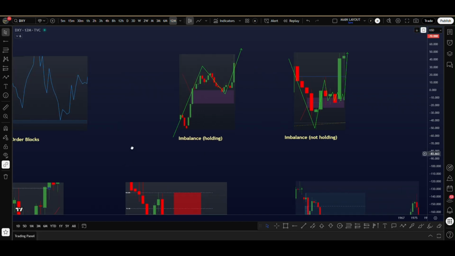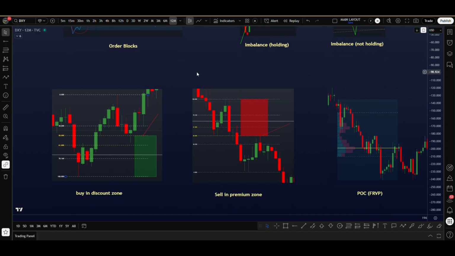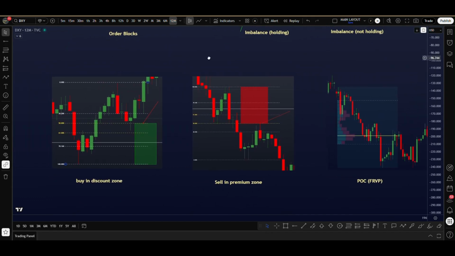Okay, so the next tool is the Fibonacci. I like to use the Fibonacci zone. I like to buy in the discount zone and sell in the premium zone. It's pretty simple. When you are, for example, in an uptrend, you have this higher high, higher low, higher high.